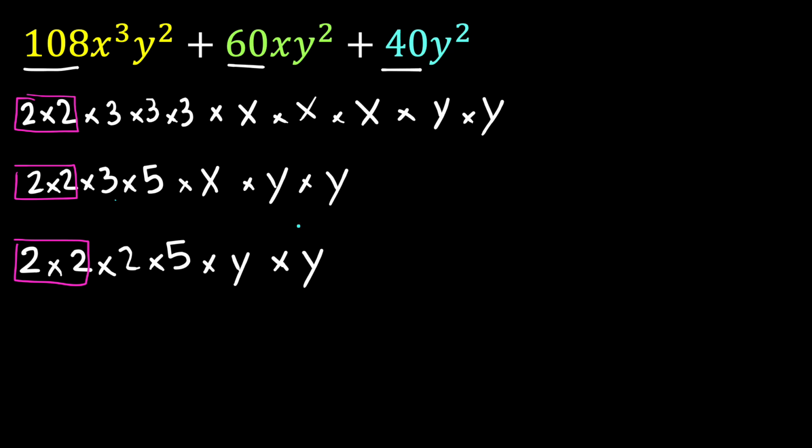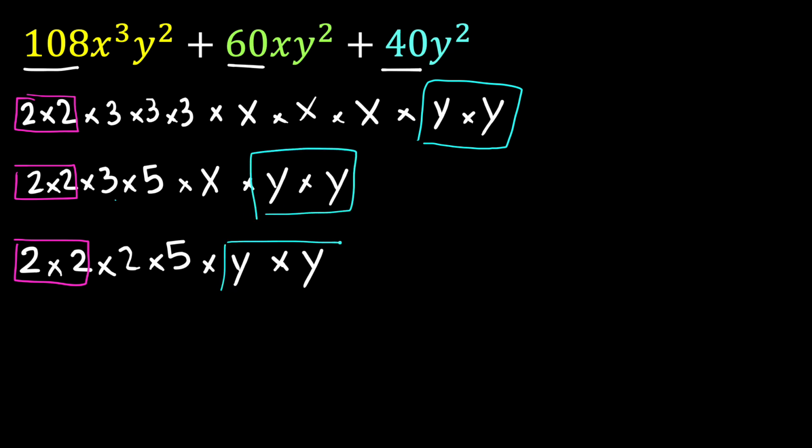But for y, we have 2 y's in the first term, 2 y's in the second term, and finally 2 y's in the third term. So we can take them as part of our greatest common factor. So our greatest common factor will be the product of these common factors, which is 4y squared.